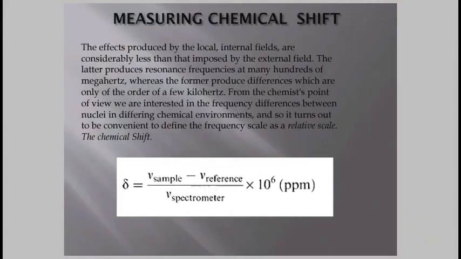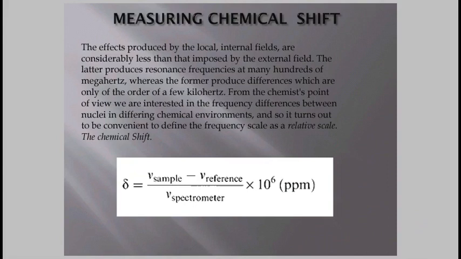The effects produced by local internal fields are considerably less than that imposed by the external field. The latter produces resonance frequencies of many hundreds of MHz, whereas the former produces differences which are only of the order of a few kHz. From the chemist's point of view, we are interested in the frequency difference between nuclei in different chemical environments.